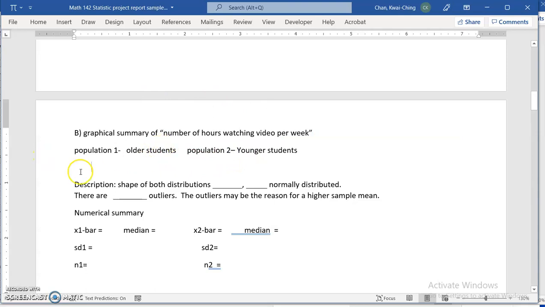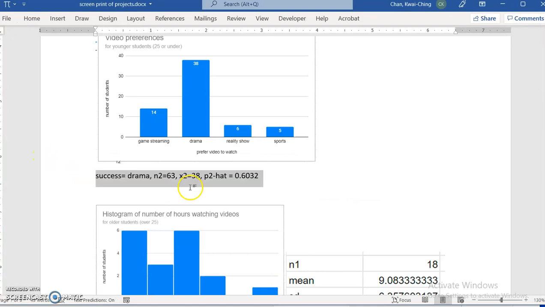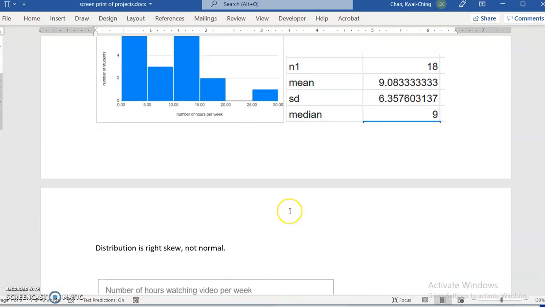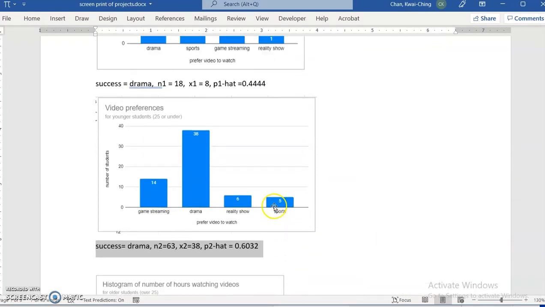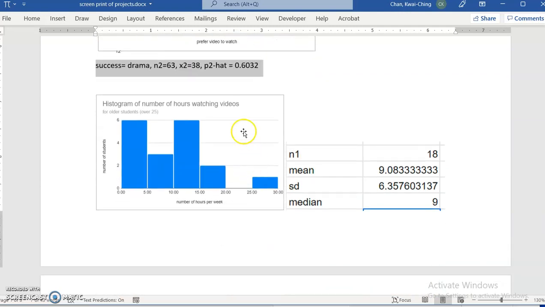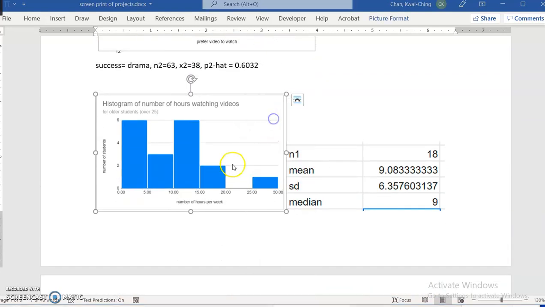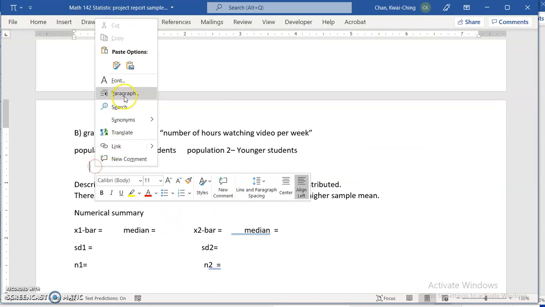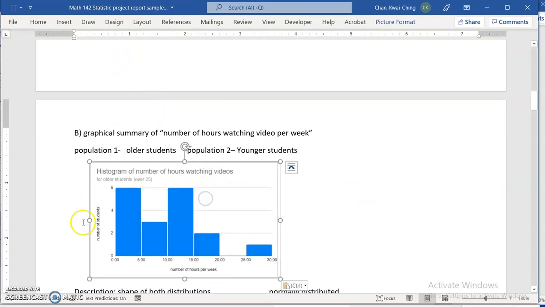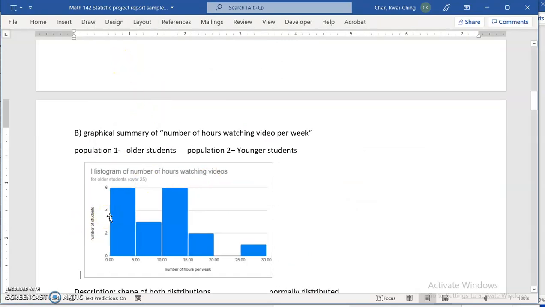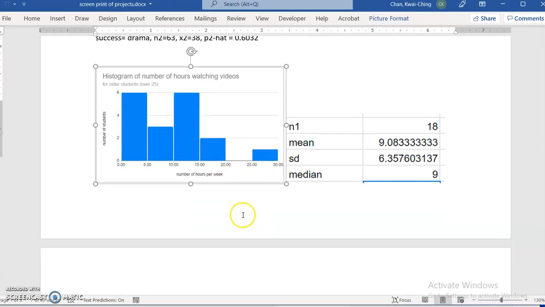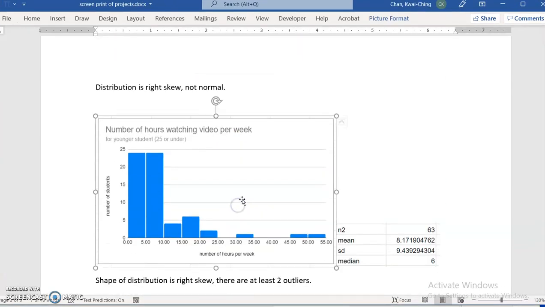And I would do a graphical summary, because they're quantitative data, I will need to put histogram, right? Copy the histogram. And copy this histogram, which is for the younger student.